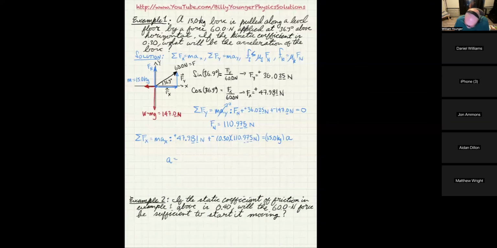As I go to solve for it, what I'm going to do is take 47.981 plus a negative is the same thing as minus. Now I'm going to say parentheses 0.3 times 110.975 close parentheses, and that gives me a total force of 14.6885.